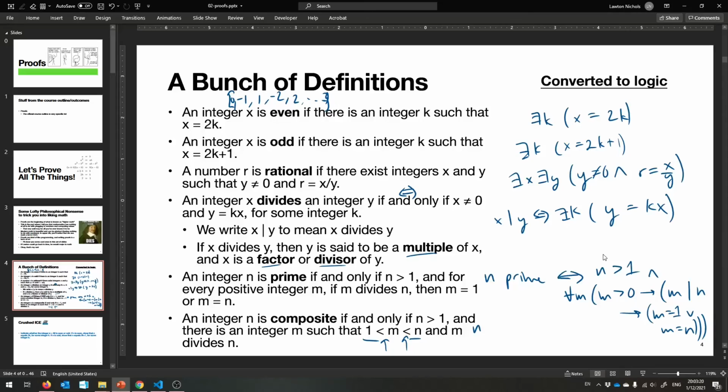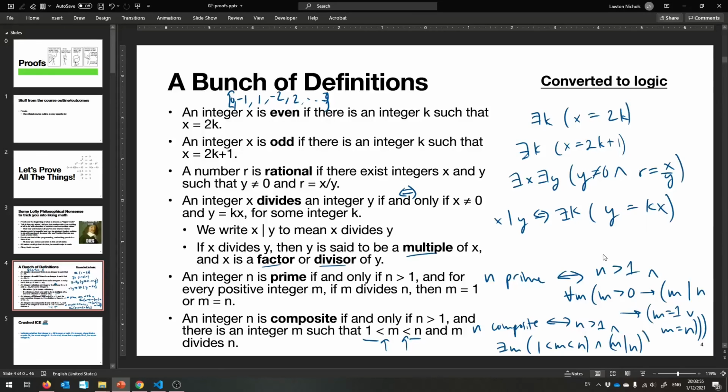We say n is composite. Again, we don't count anything that is 1 or 0 or a negative number as composite. If and only if n is greater than 1 and there is an integer m such that, I'll write it over here, there exists an m, it's an integer, and m is between 1 and n, and m divides n, just like that.